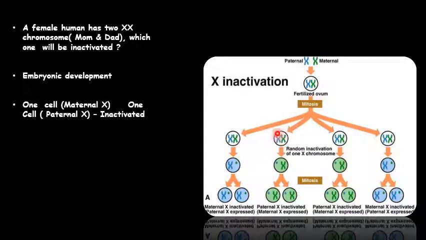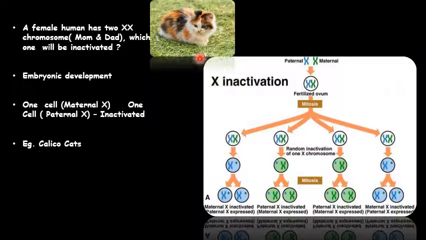Likewise, in this cell the X chromosome inherited from the father will be condensed and inactivated, and it will look like a Barr body, right? So alternatively, one from the mother and one from the father will be inactivated in different cells during embryonic development. This was first discovered by observing these calico cats.